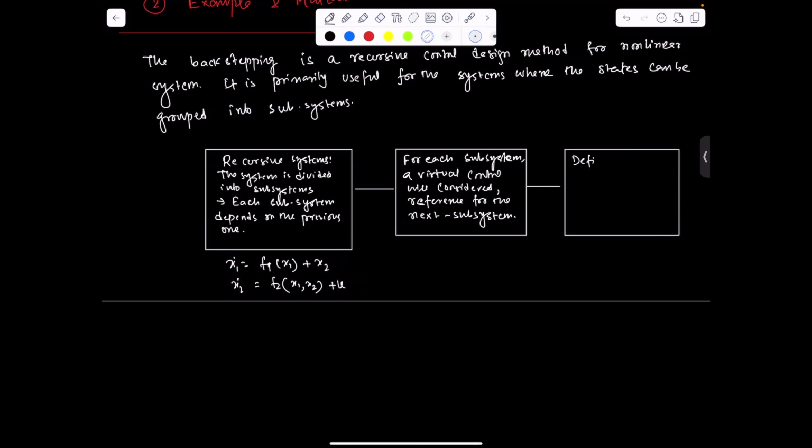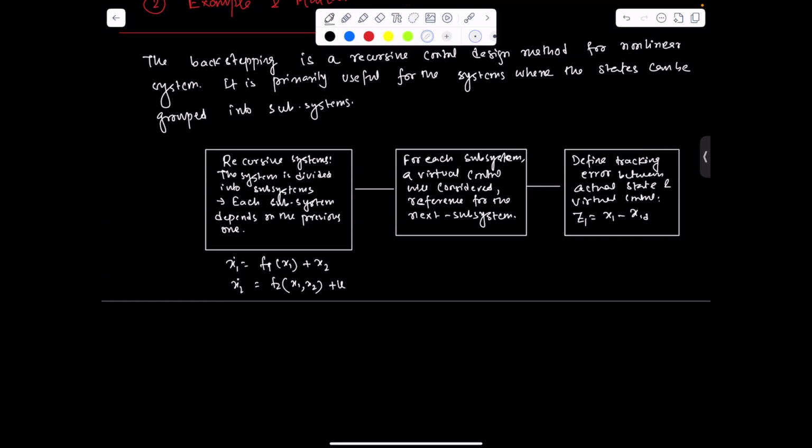Define the tracking error between the actual state and the virtual control. So for example, we can assume some z1 equal to x1 minus x1d.